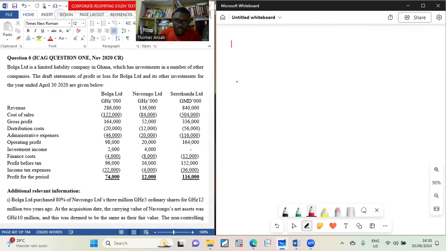Then Serekunda, his post acquisition will be, I have 40%, right? Multiplying into bracket 116,000 minus the brand. We need to convert. We do everything and we will convert because this one is in 116. So there was a brand of 8,000 in his currency that we had to deal with.